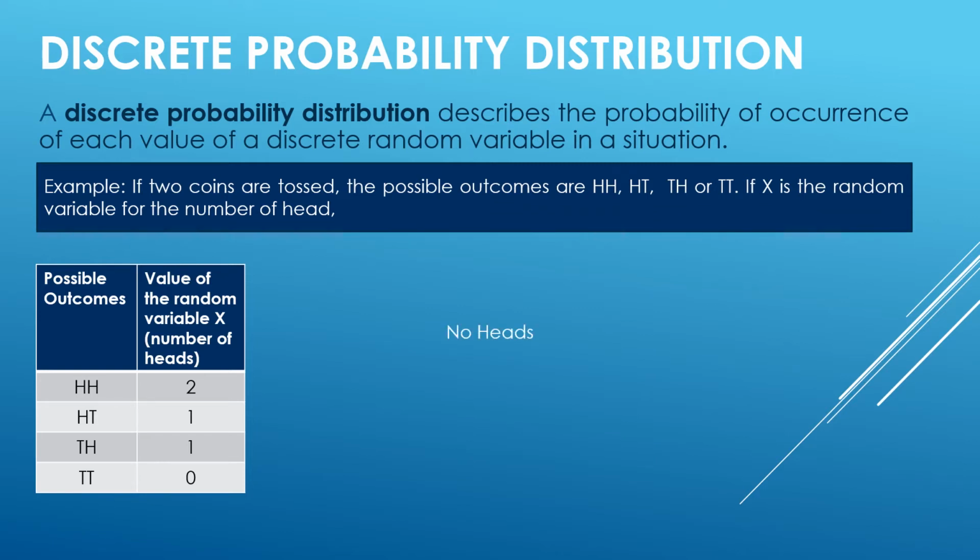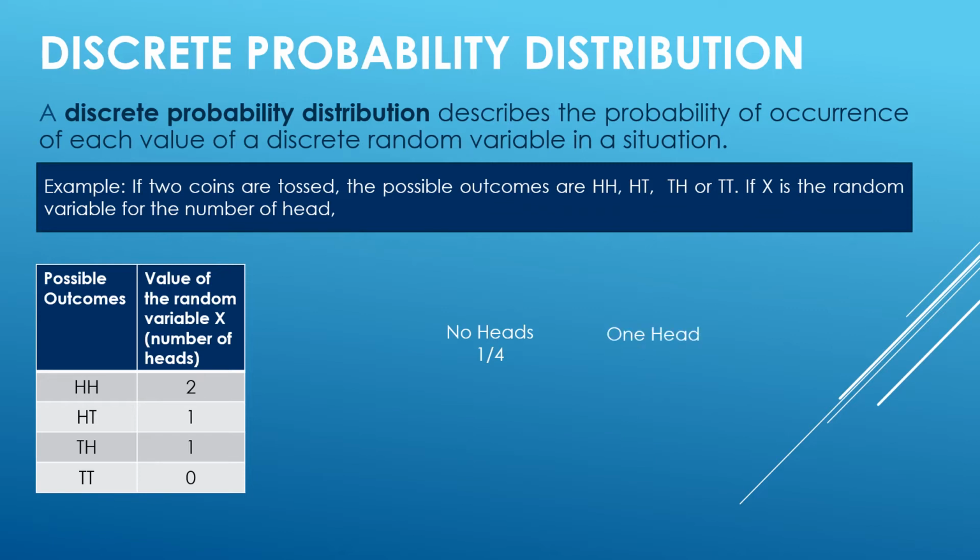Next, we will get its probabilities. So the probability of getting no heads is equal to, we have here 0, it is only 1, so we have 1 out of 4. 4 represents the number of total outcomes. So we have here 1, 2, 3, 4. That's why the denominator is 4.